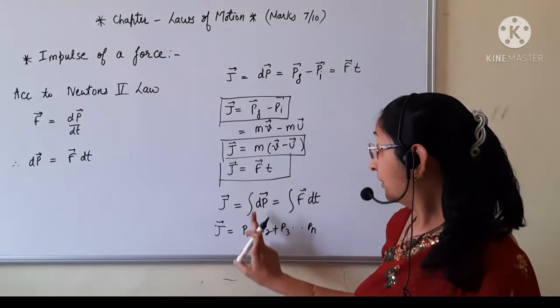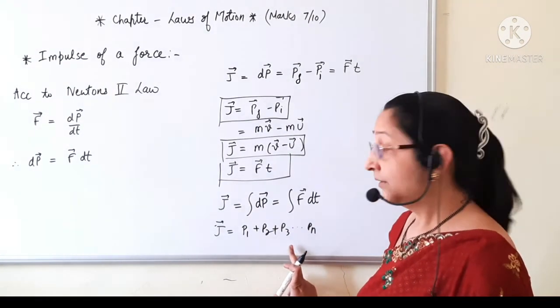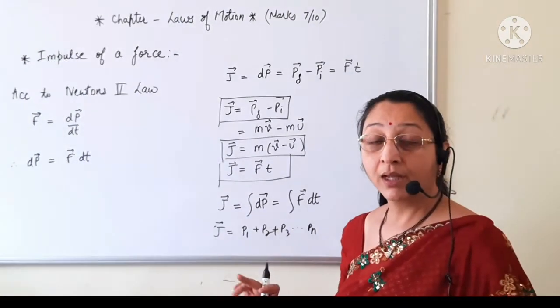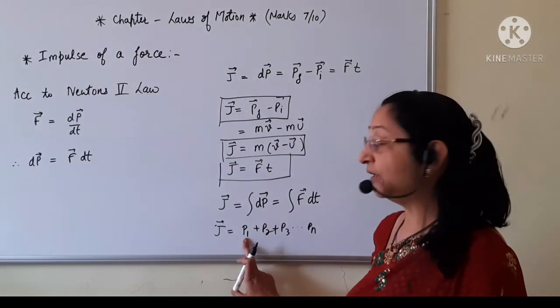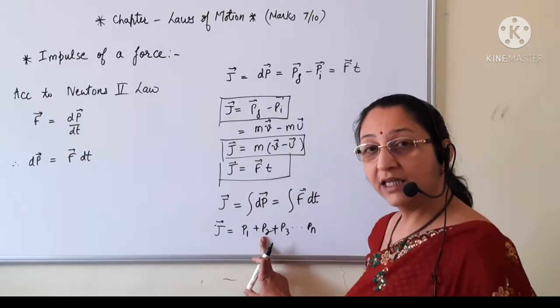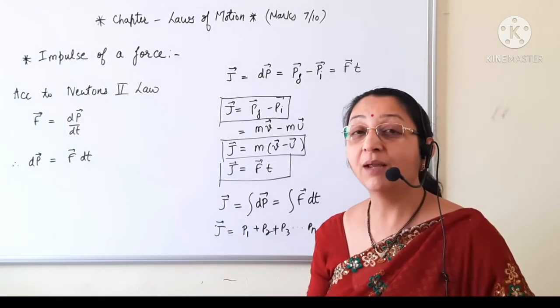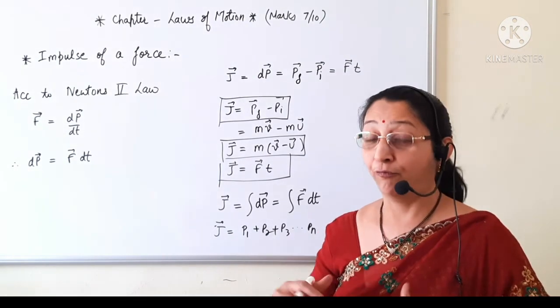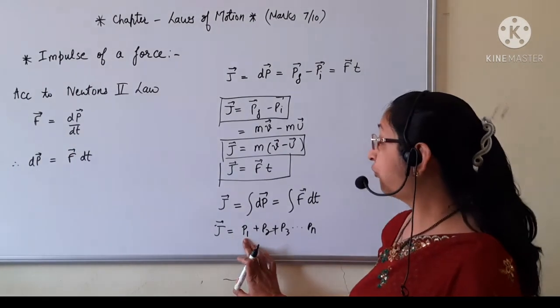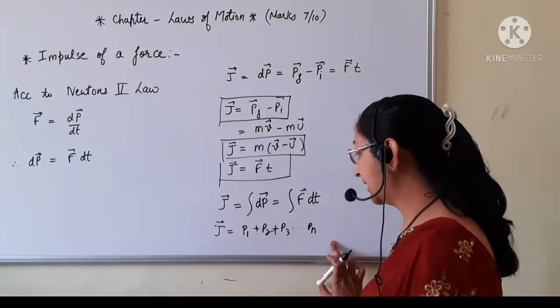So here we are integrating, meaning we are adding the change in momentum, but for this dP1, that instantaneous force is constant. For dP2, the instantaneous force is constant. Similarly, dot dot up to dPn. However many times the force is changing, so many times you will have to find the change in momentum.